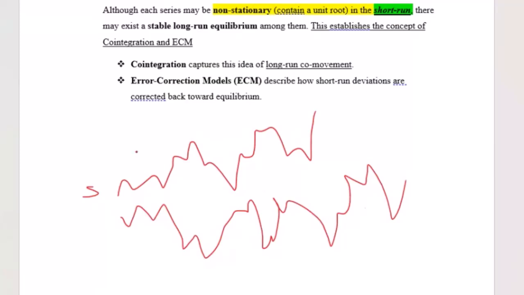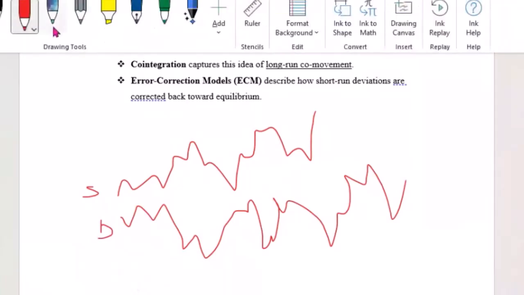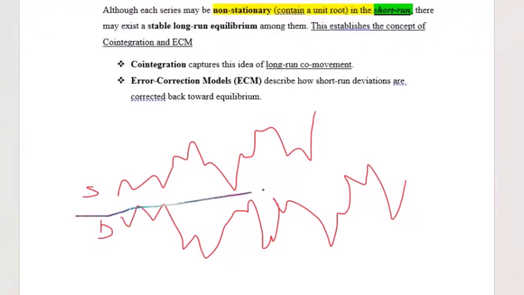This one is dividend. If you are keen, you'll see that they have one trend which is moving like this. They are moving upwards. In the long run, both of them are moving upwards.